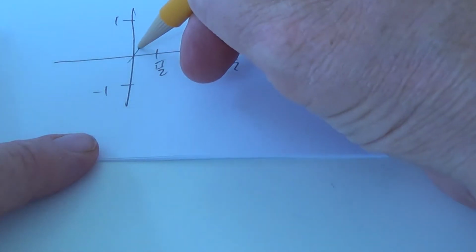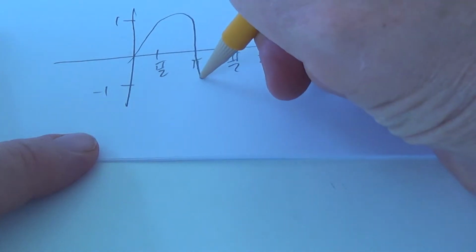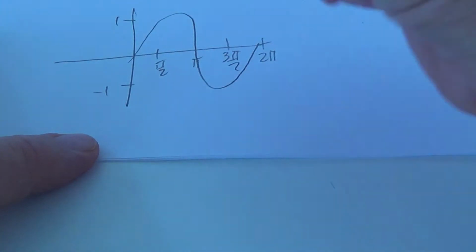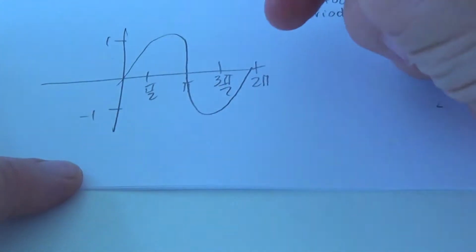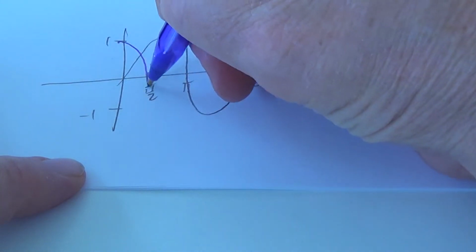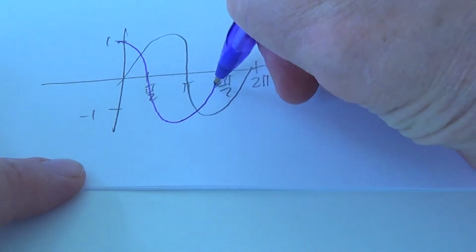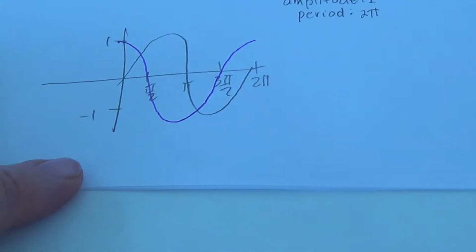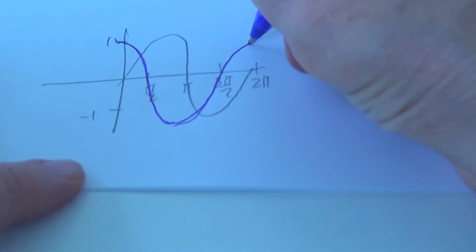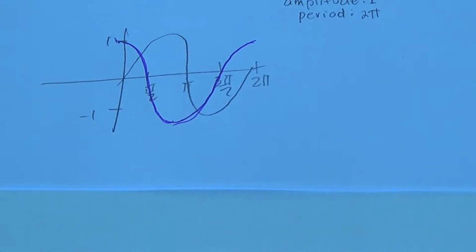The sine curve will start here and go this way. And if I asked you to do the cosine curve, you do the same setup, but you'll start here and go down through here and back up. So that's the cosine curve right there. You'll have to be able to reproduce that on command.